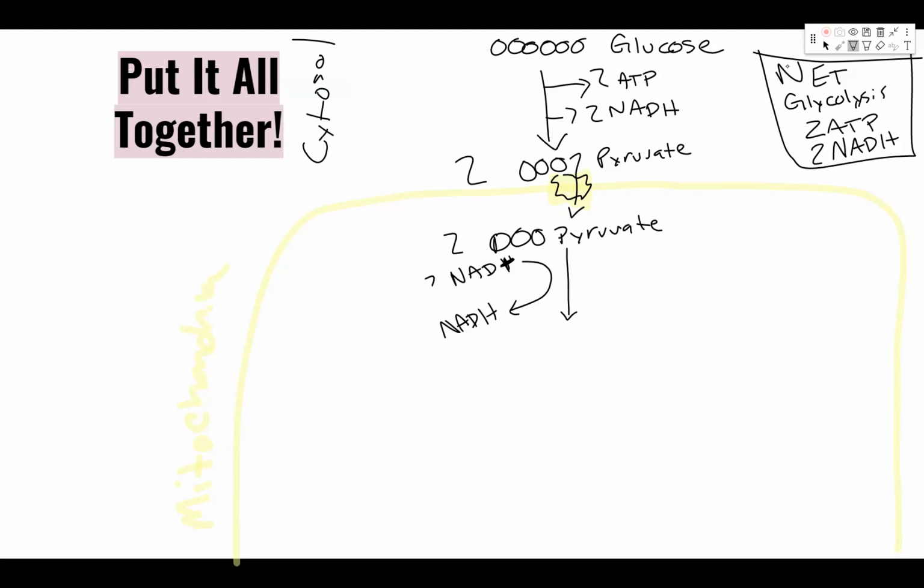Because we're going to do it for both of them, we're going to get 2 of these. We're going to lose 2 carbon dioxides. And we're going to have to add 2 CoAs. This gives us a now 2-carbon acetyl-CoA.